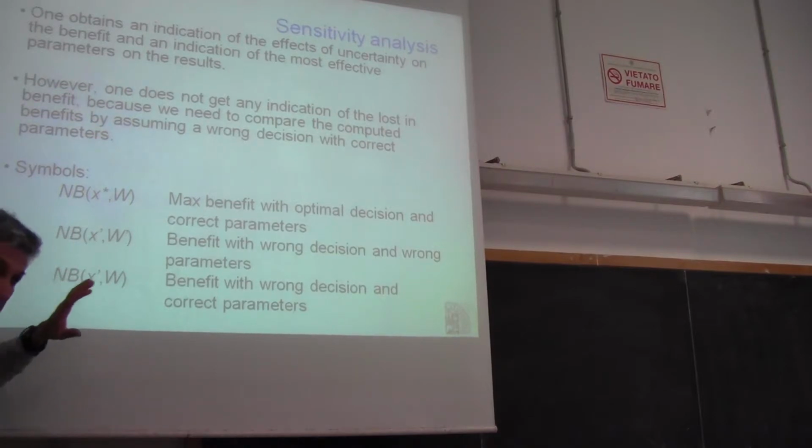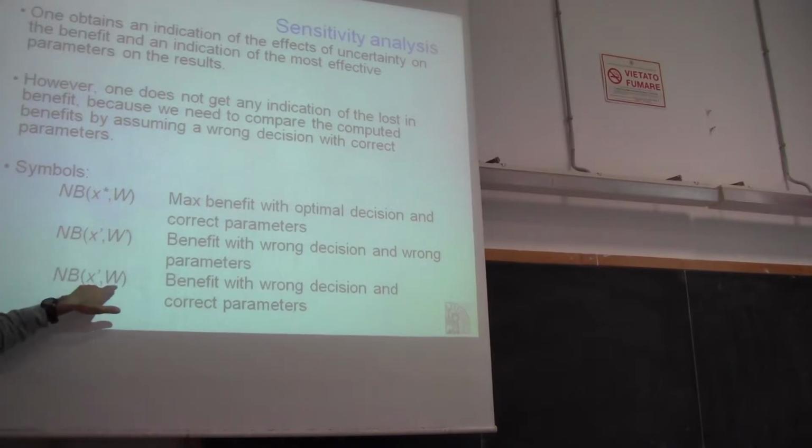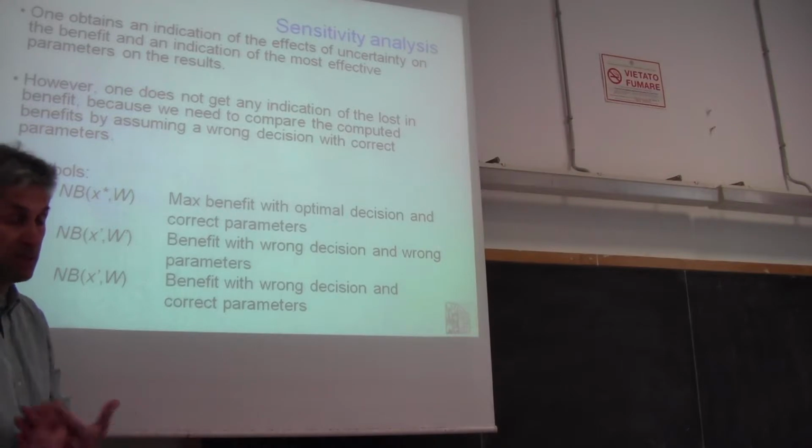But what happens in practice is that I allocate X prime, and the benefit that I take is the last one, what I actually take, which should be computed with the correct value of the parameters. And indeed, this allows us to quantify what is the impact of my wrong decision in my pocket.